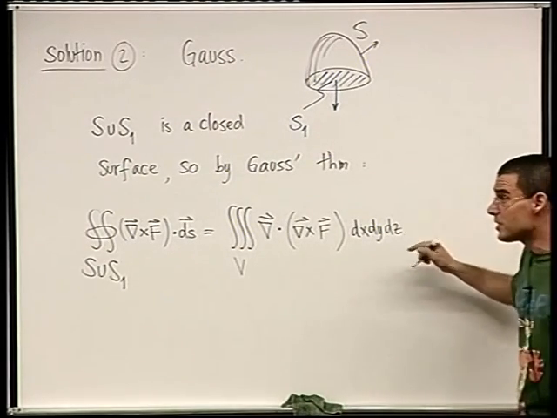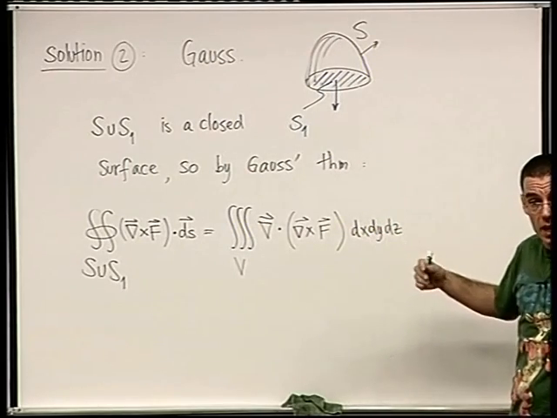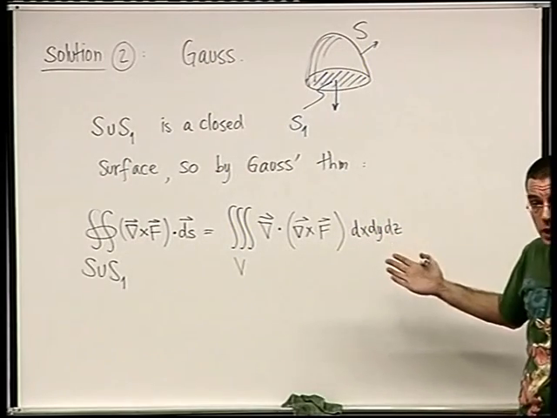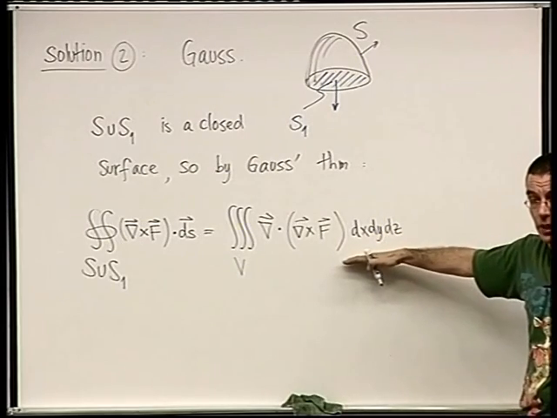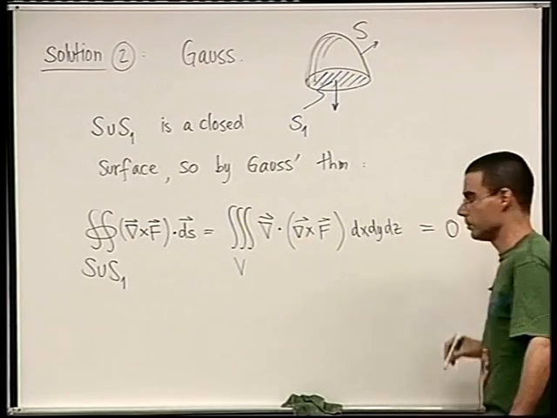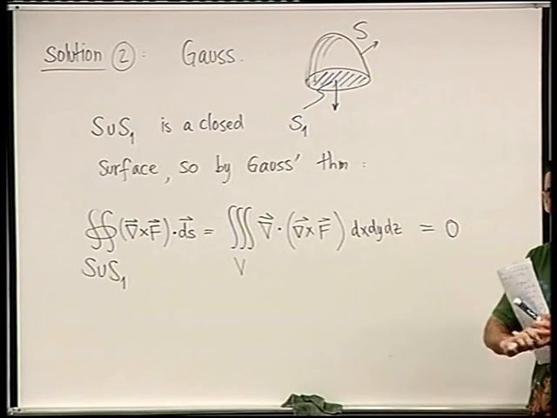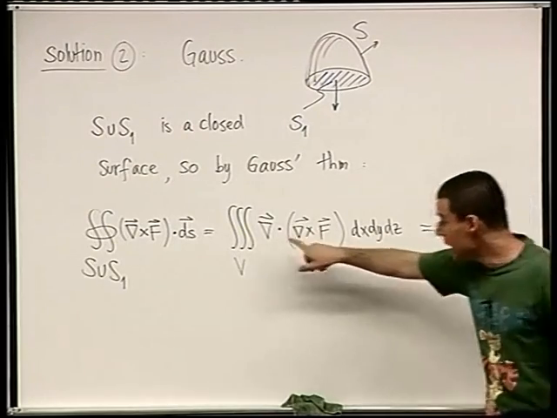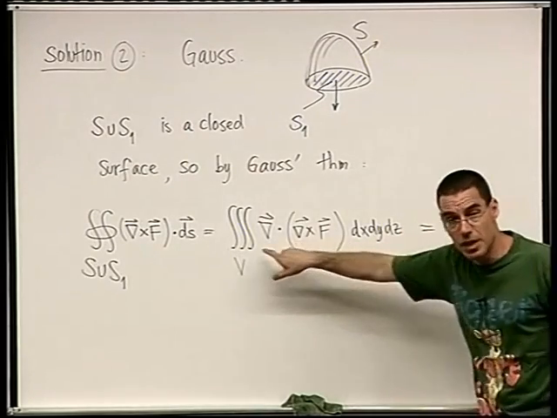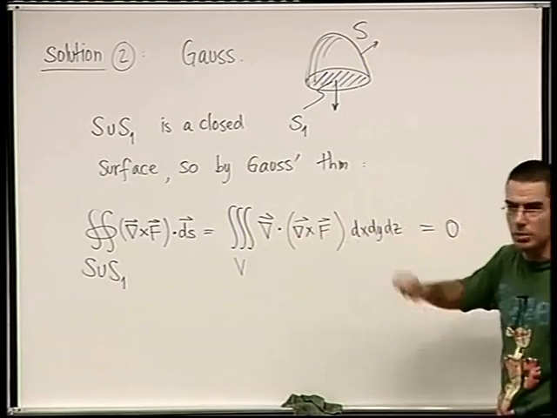Now in this case, the reason that this solution is a good solution is because this is easy to calculate. In fact, it's very easy to calculate. It's 0. Why is it 0? Because one of the properties of the rotor, of the curl, was that the divergence of a curl is 0.